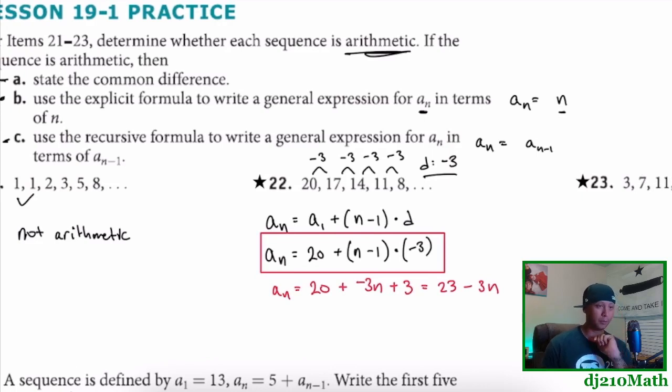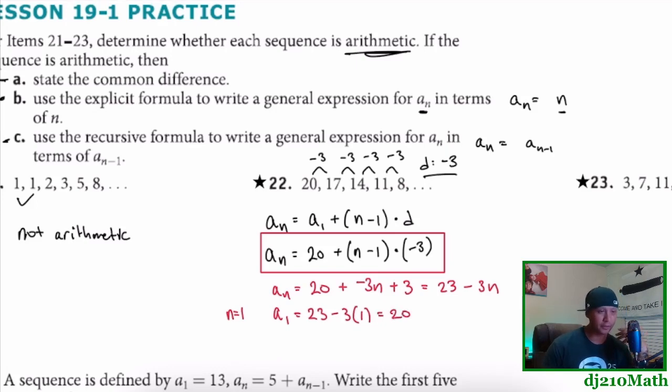So let's test it out. A sub 1, n is equal to 1. The first term should be 20. Well, 23 minus 3 times 1 is 23 minus 3, which is in fact 20.